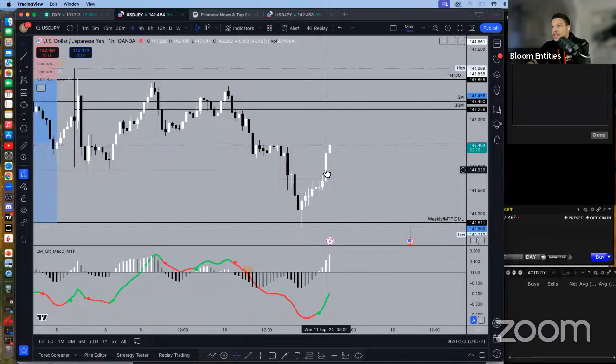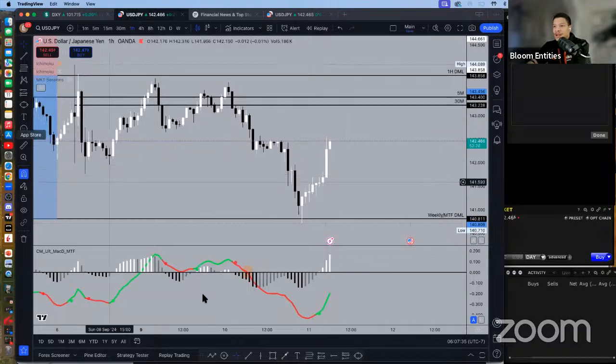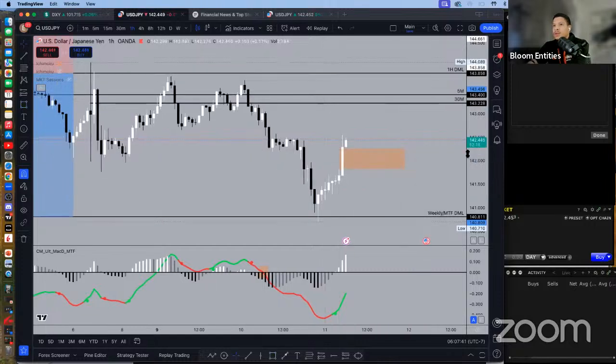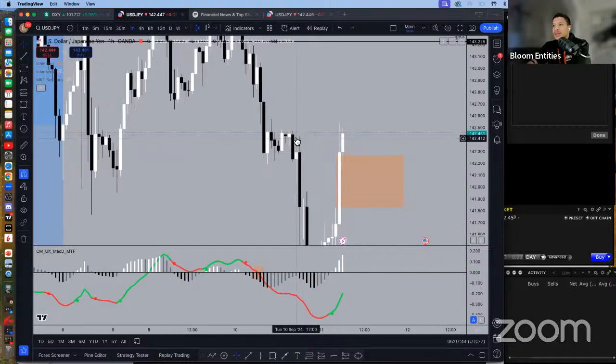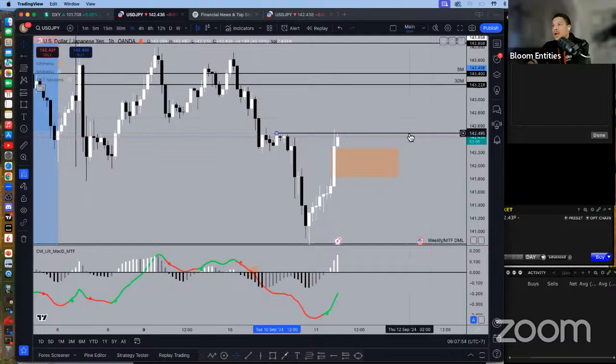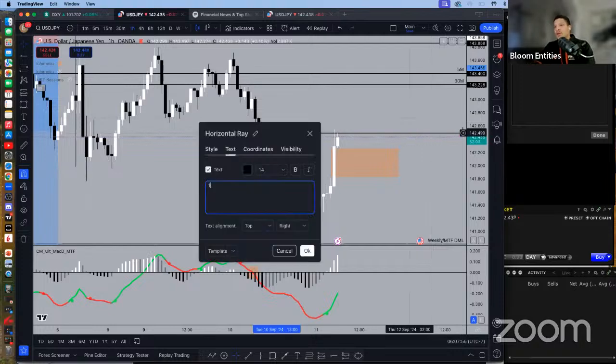We see the inefficient area of price action there on my 1 hour, right? Decision making zone right here on my 1 hour. So I'd want to see how price reacts to this level here.